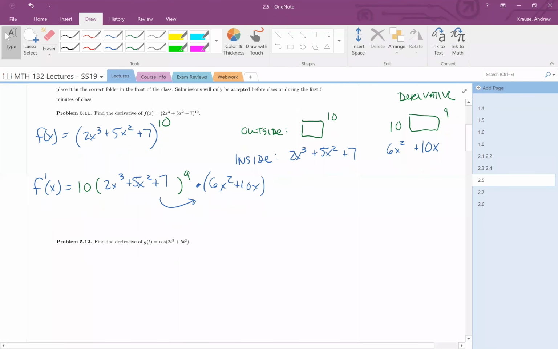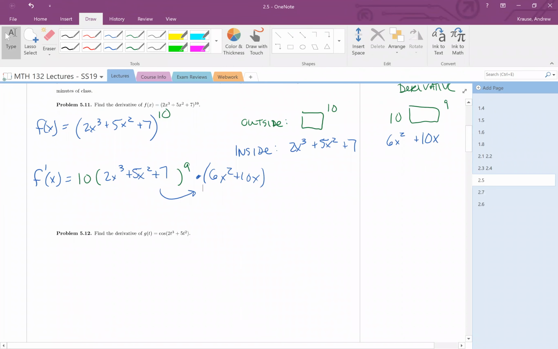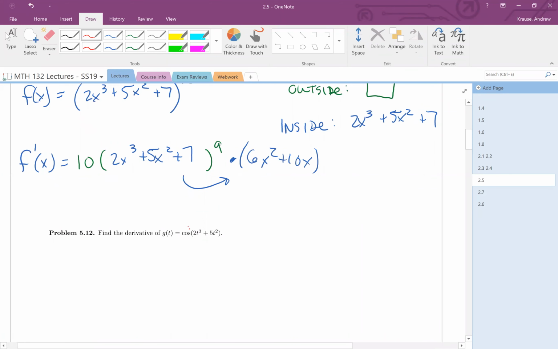So let's see if we can do that now for this cosine function. Leave that one up there on the screen. On this cosine function, we can see that the cosine is the outside function. So it's like cosine of something else.